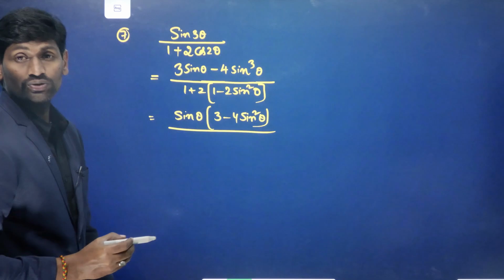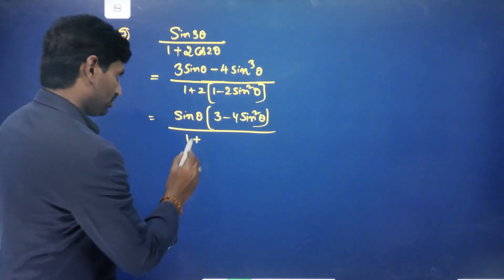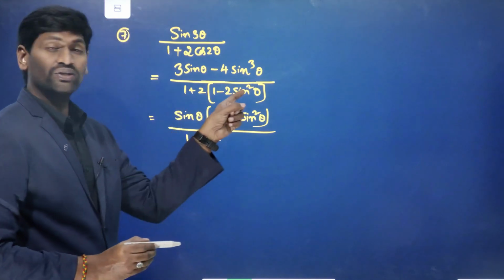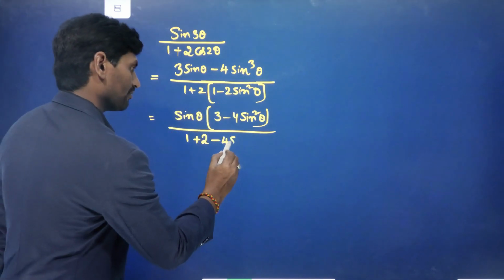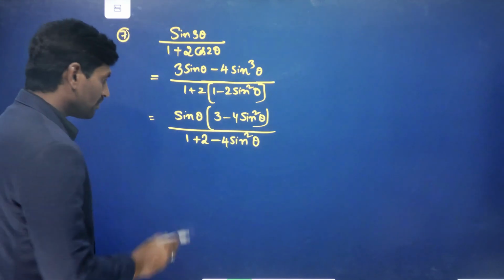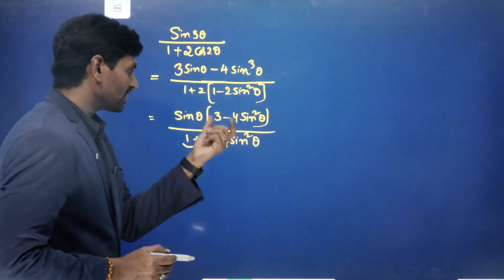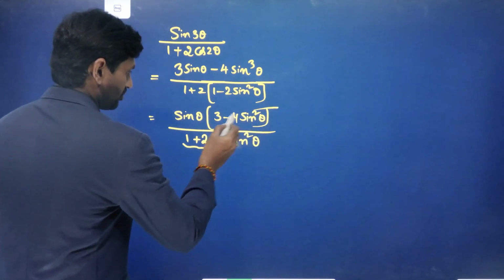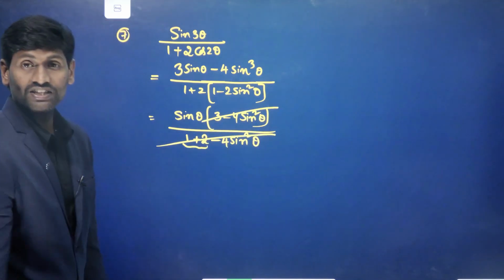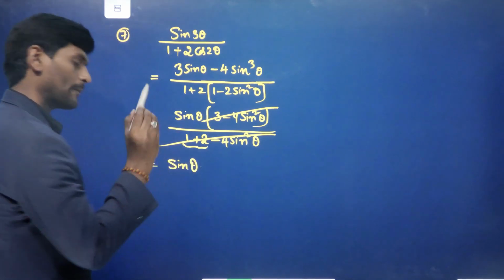Come to the denominator. First term is 1 as it is. 2 into 1, 2, minus 2 into 2, 4 sin square theta. Now 1 plus 2 value, how much? 1 plus 2 is 3. 3 minus 4 sin square theta here also. So the numerator and denominator cancel clearly. We have sin theta as the answer.